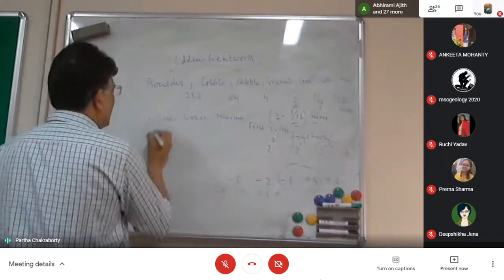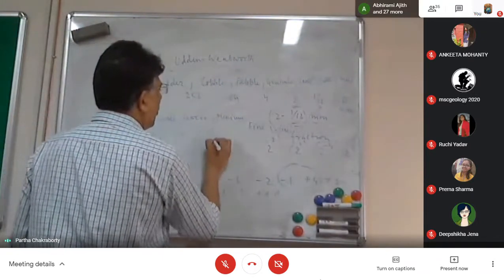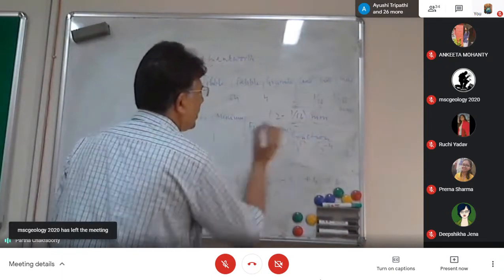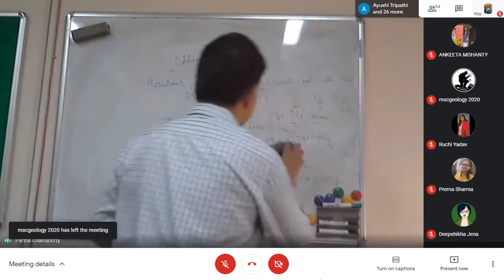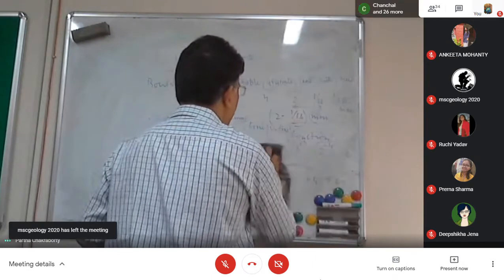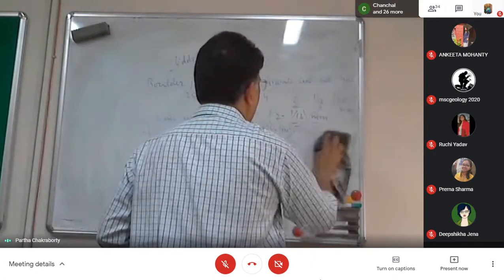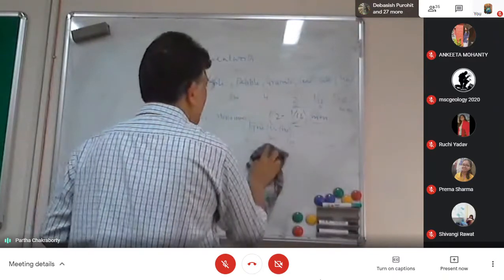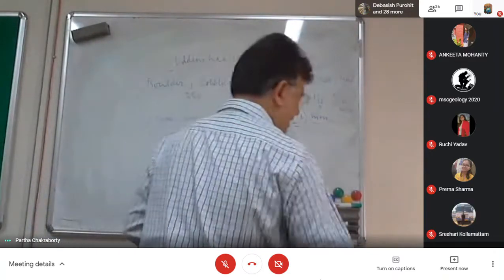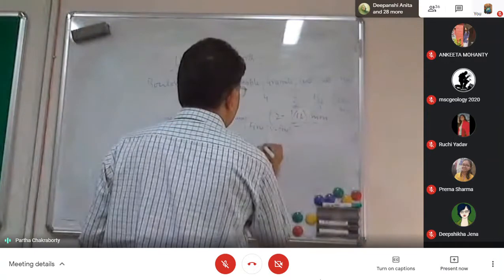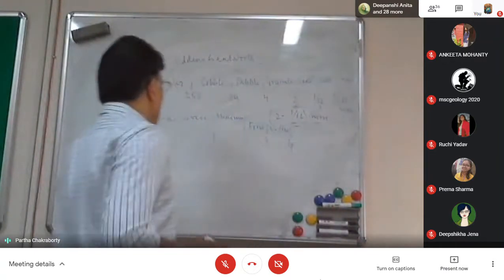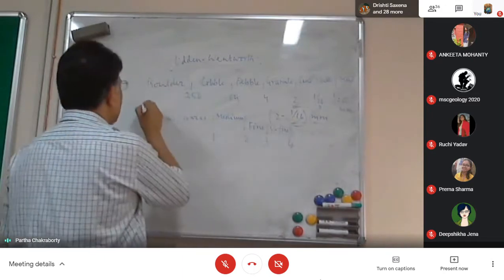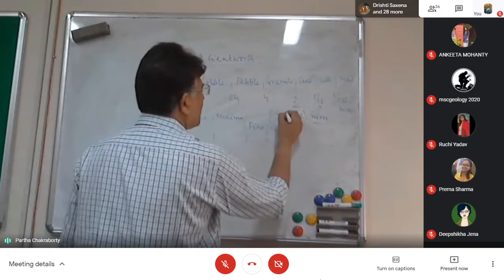So minus 1, 0, 1, 2, 3, 4. This is the entire sand grade, minus 1 to plus 4.